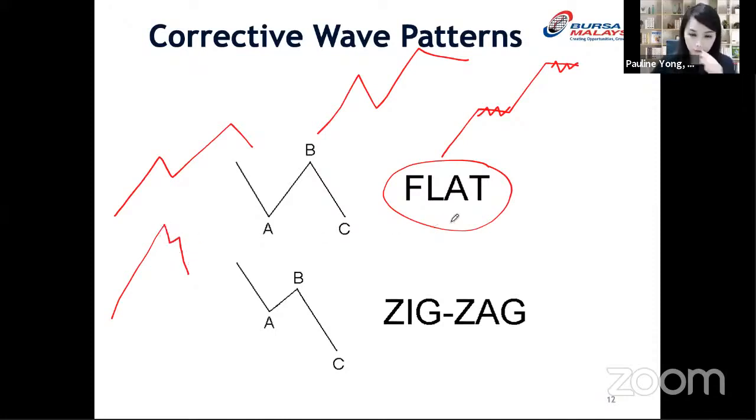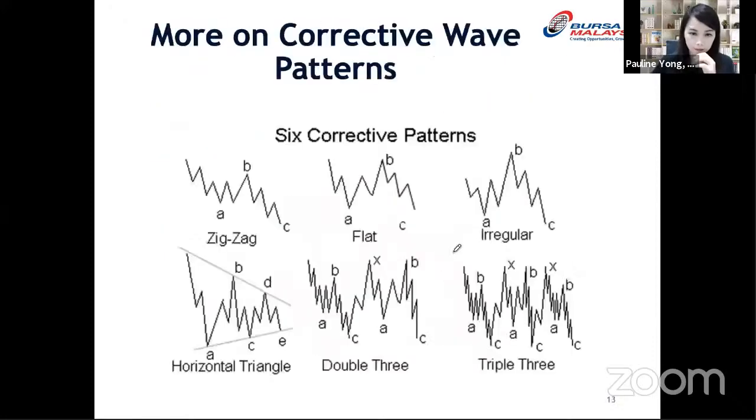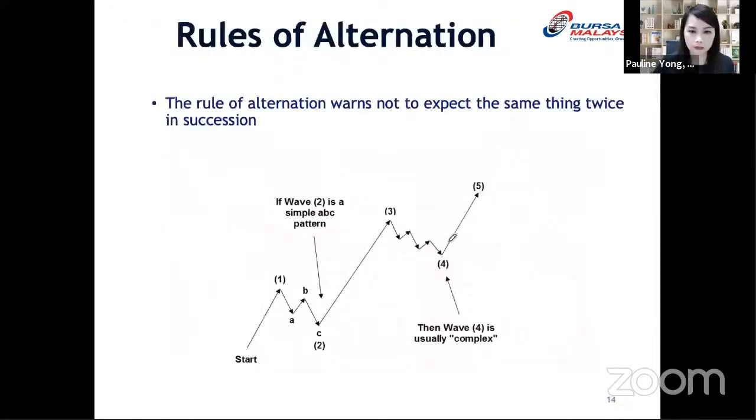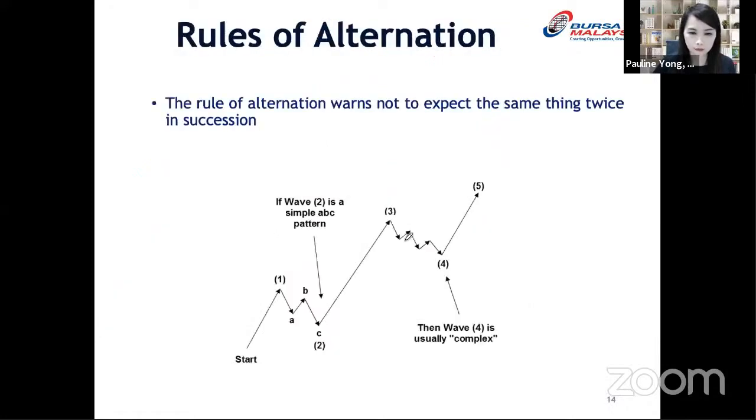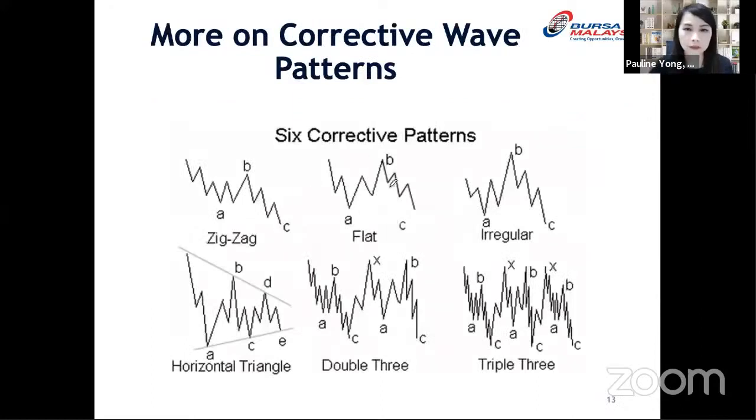You see it's different from the flat. Basically these two are the major ones, but then we look at the 6 corrective patterns here. Do you have to memorize this? I don't really memorize so much, I just recognize a pattern.